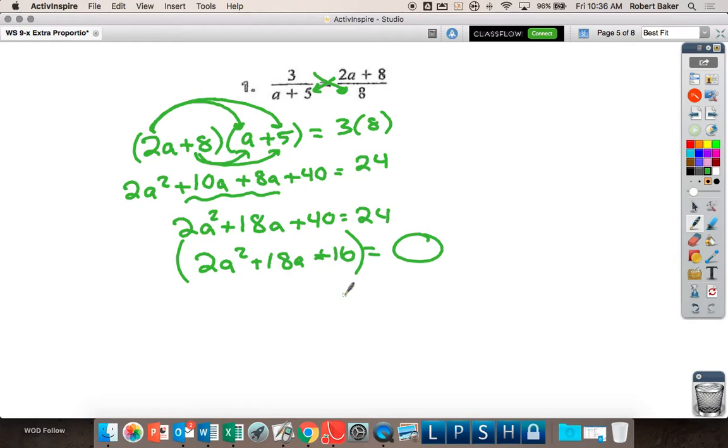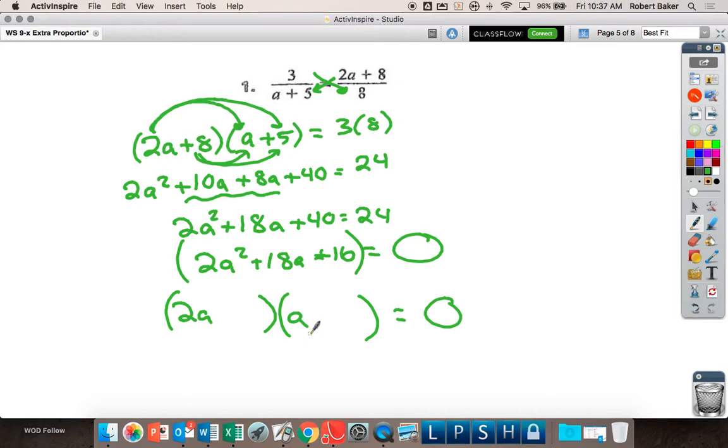So now am I good at this point? Yeah. Okay, factor. So when we factor, we should be getting 2 binomials. 2a on one side and a on the other.